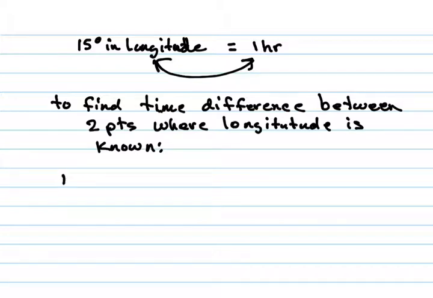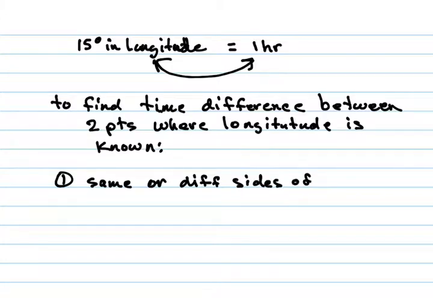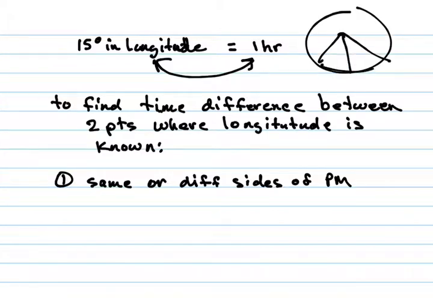your first job is to see, are they on the same or different sides of the prime meridian? And again, we need to know if they're on the same or different sides because just like those angles for those circles we were dealing with, if they cross, then you want all of that area. So you were doing what to the numbers? Adding them.